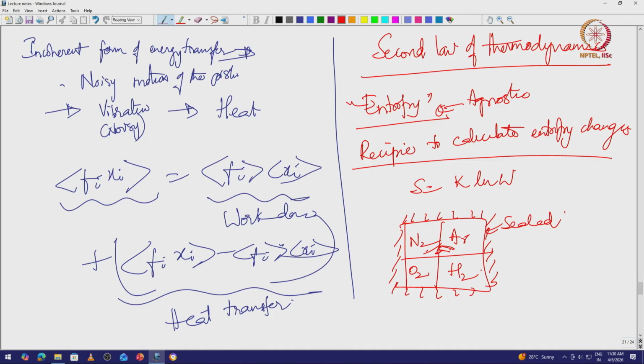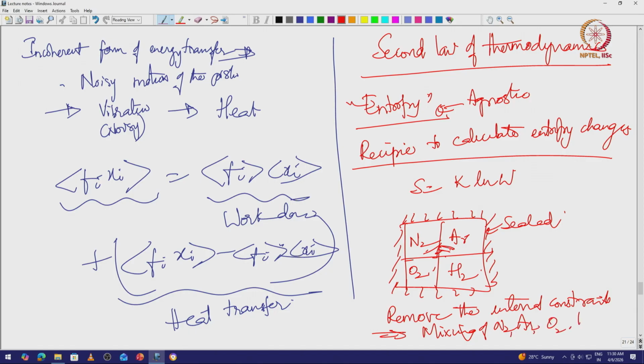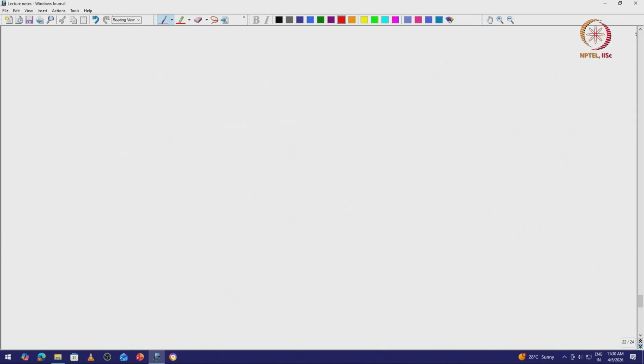Of course, once you start removing the internal constraints, there is going to be mixing of nitrogen, argon, oxygen, hydrogen, right. So, all these gases are mixing, right. If I ask you the question what is changing, what is the variable that is changing, right.